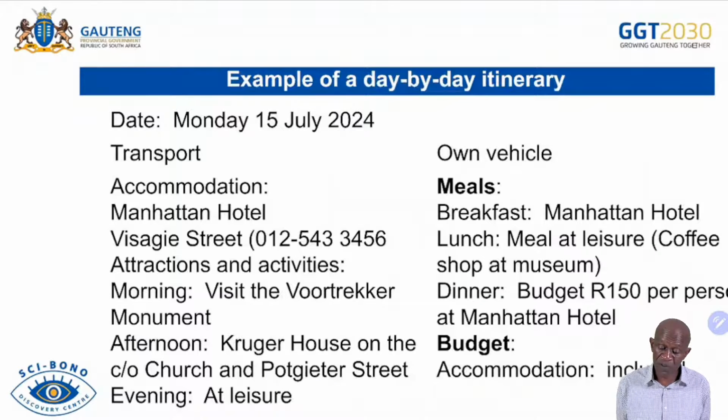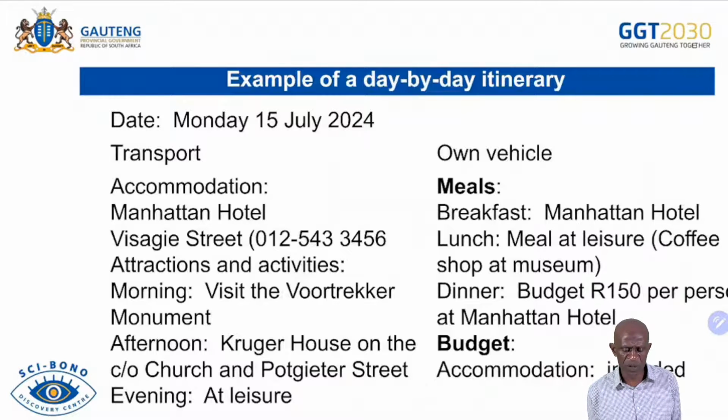The address of Manhattan Hotel is given here. It is in Visage Street, Pretoria, and can be contacted at 012-543-3456. The attractions and activities: in the morning, you'll visit the Voortrekker Monument.